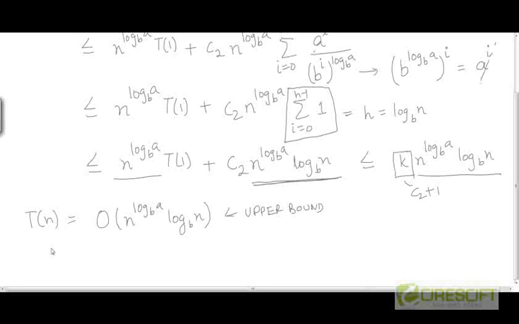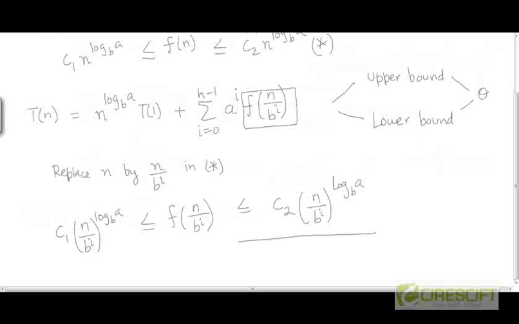What about proving a lower bound on T of n? To prove a lower bound, we will replace f of n divided by b to the power i by something smaller than it. We know that c1 times n by b to the power i, the whole thing raised to the power log of a base b, is less than or equal to this term.